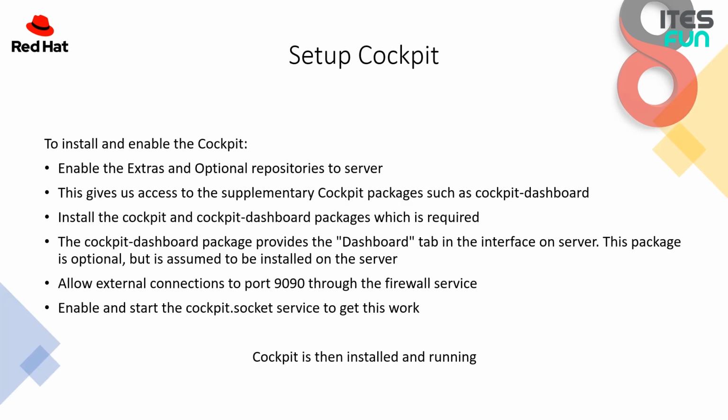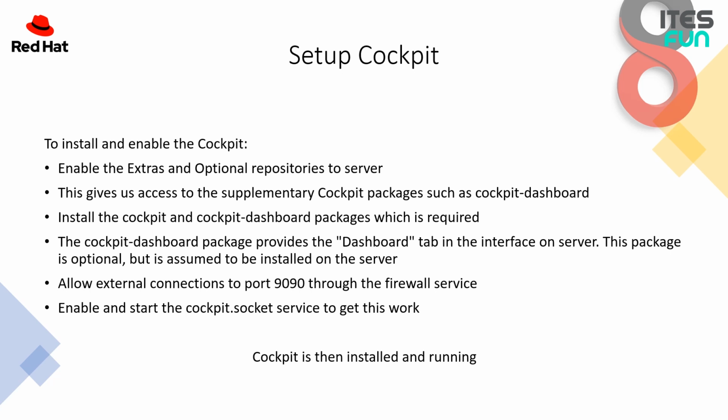Now, setting up Cockpit. To install and enable Cockpit, there are a few steps. First, we need to enable the extras and optional repositories on the server. This will give us access to the supplementary Cockpit packages such as Cockpit Dashboard. Then we need to install the Cockpit and Cockpit Dashboard packages. The Cockpit Dashboard package provides the Dashboard tab interface on the server.